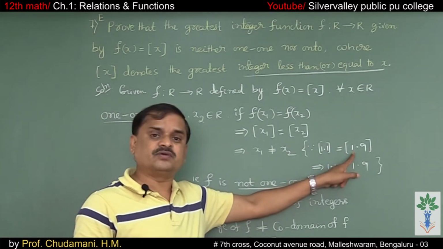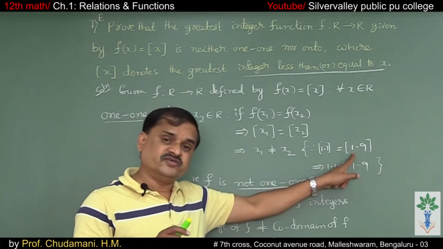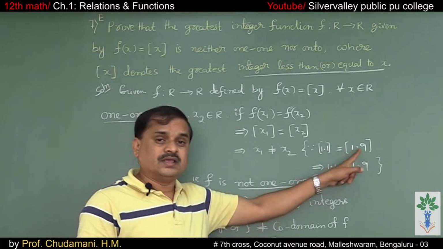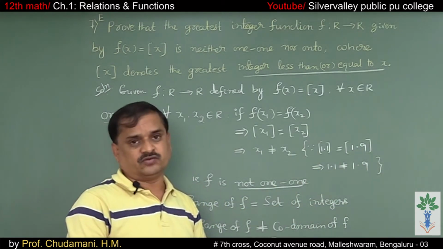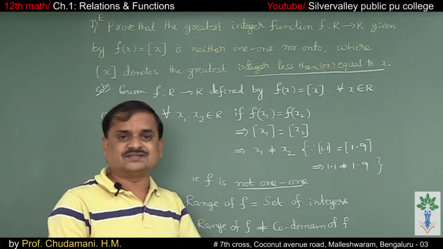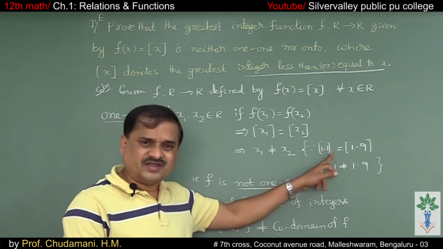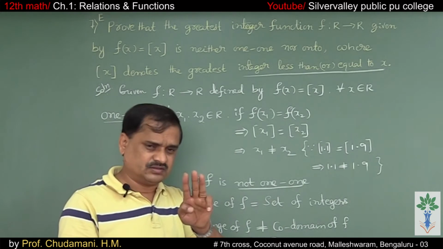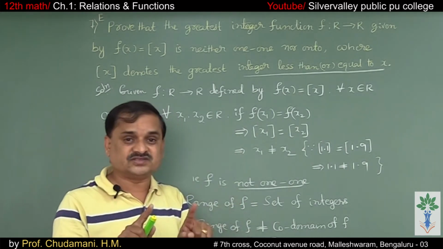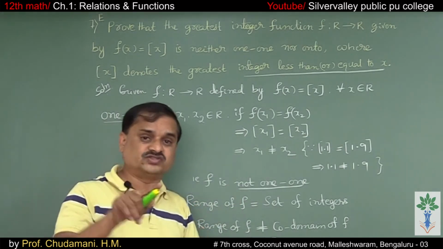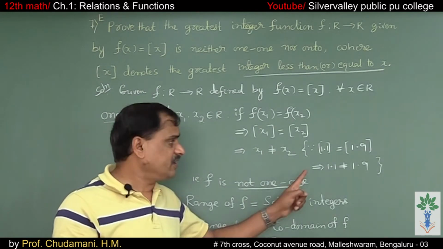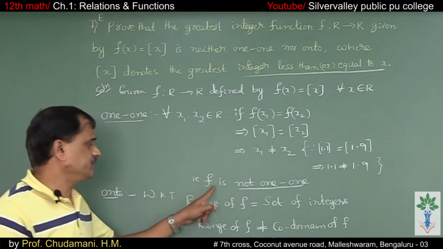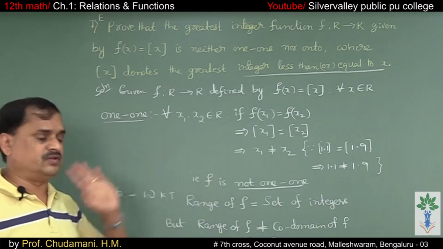Greatest integer function of 1.9 is also 1. But 1.9 is not equal to 1.1. Or else you can take another example, say 3.5. Greatest integer function of 3.5 is 3. Greatest integer function of 3.9 is also 3. But 3.5 is not equal to 3.9. Correct. So therefore, f is not 1-1.